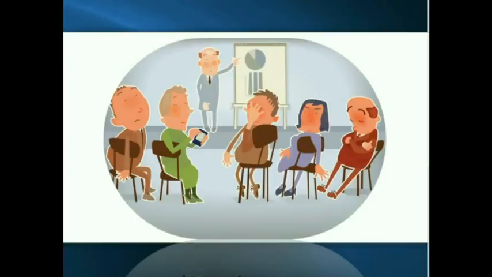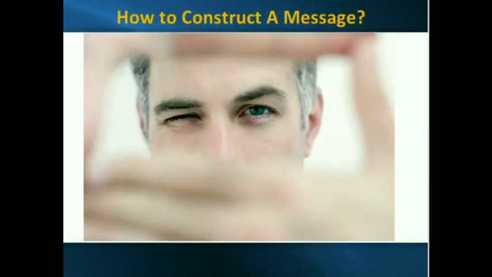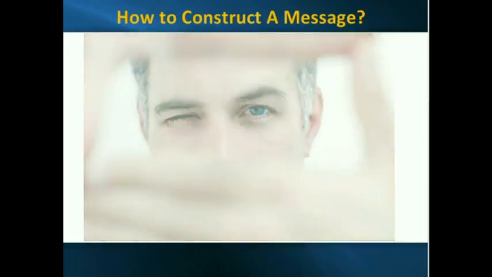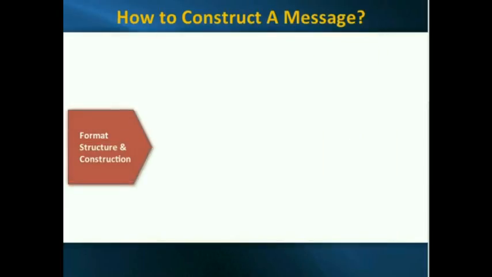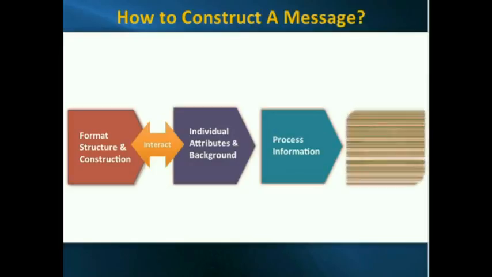So to attract their attention and enhance their attention as well as reception to the messages, you might want to think about how to construct a message. Because from research we know that certain features of the messages, such as format or structure and construction, interact with individuals' background, allowing them to process the information and change knowledge, attitudes, and behaviors.